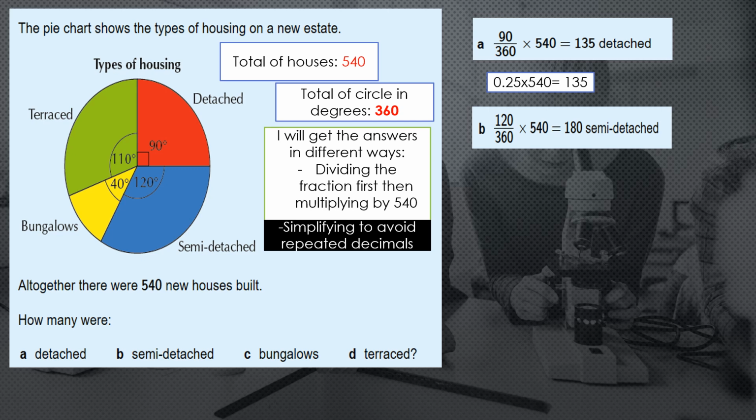To avoid this, you can simplify 120 over 360 to get 1 over 3, and then multiply it by 540. 540 divided by 3 is 180 semi-detached houses.